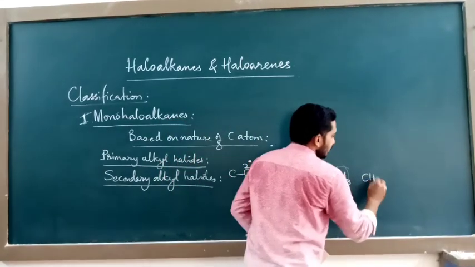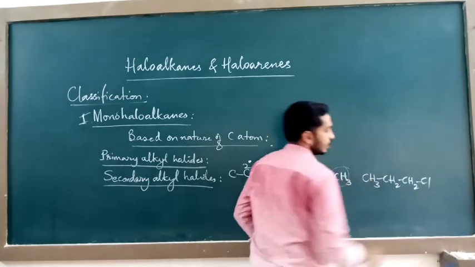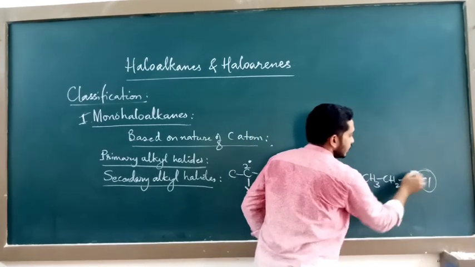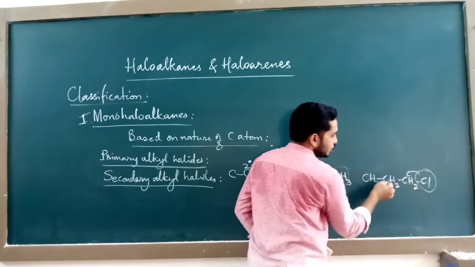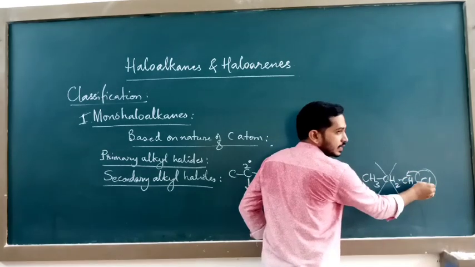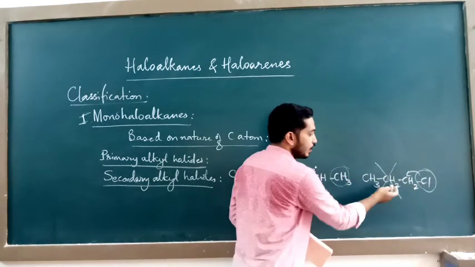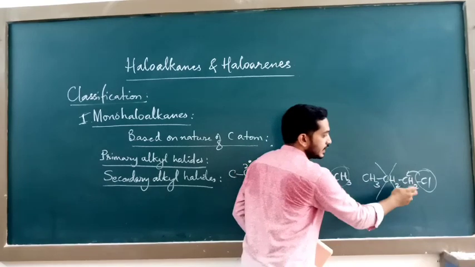Can this be an example of a secondary alkyl halide? Here halogen is attached to a carbon, and this carbon is attached to two carbons. This is wrong. To whichever carbon halogen is attached, that carbon itself should be bonded with two carbons, not in the form of a chain but immediately.